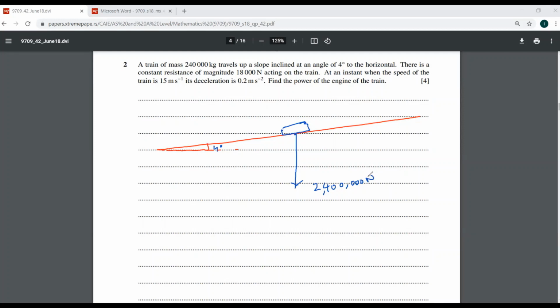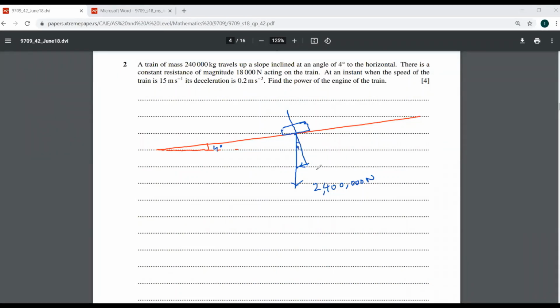That is going to be 2,400,000 newtons, yeah, this is 2.4 million in fact. So I need the component of this weight parallel to this inclined surface. We're given that the angle is 4 here.